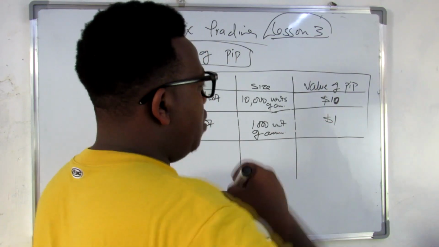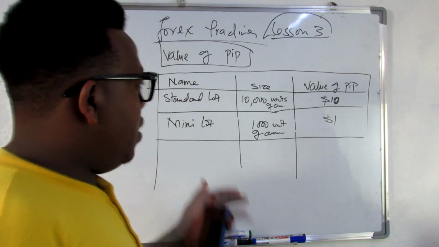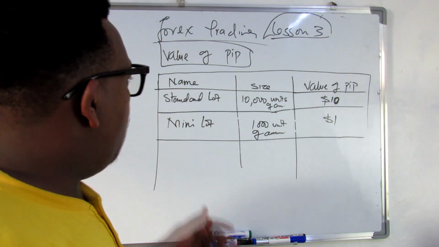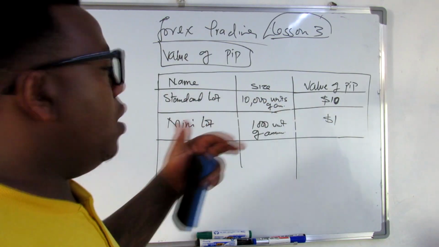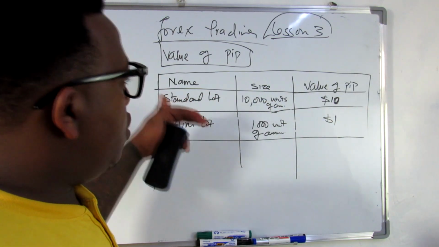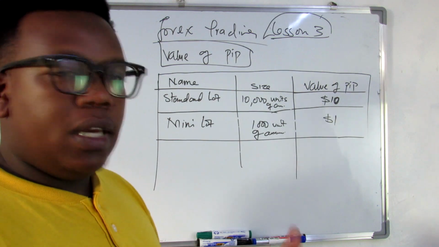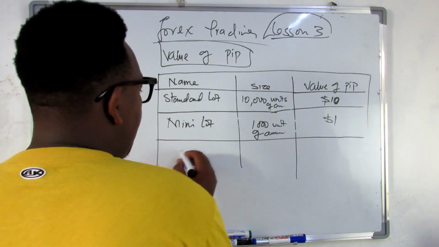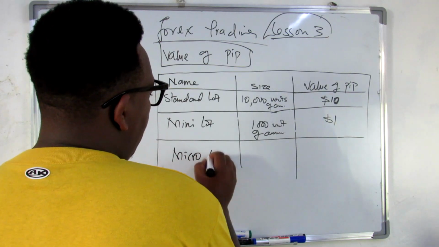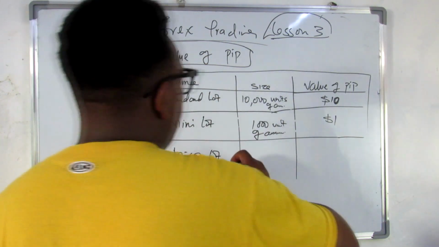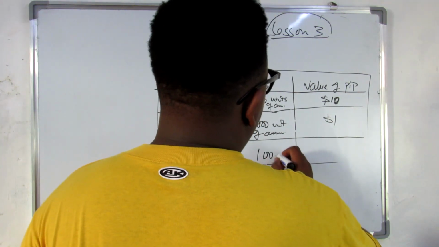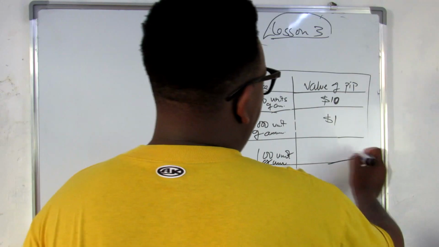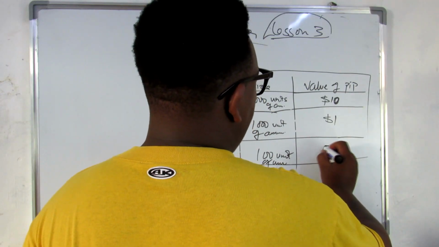I'm sure somebody might ask, where is it important for us to understand this table? I'll be showing you as we move forward how you use all this to incorporate in whatever lot size and how much you can risk in every trade. From the standard lot we have the mini lot, and then the micro lot, which is usually 100 units of currency and goes for 10 cents.